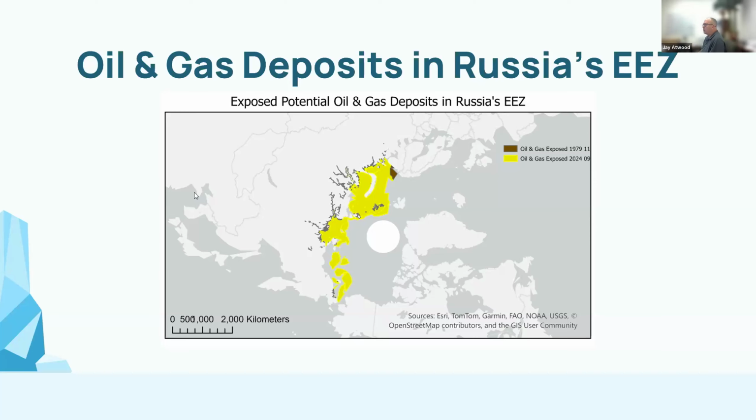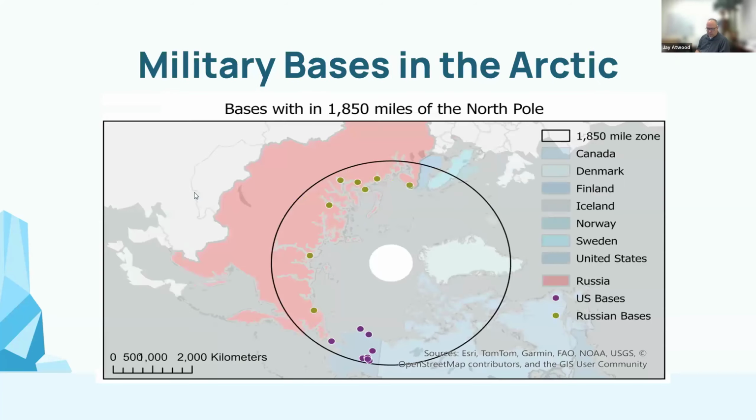By calculating the geometry in the attribute table, I was able to show that in 1979, the amount of exposed oil and gas reserves covered an area of 124,000 square kilometers. And then in September of 2024, that grew to over 2.8 million square kilometers.